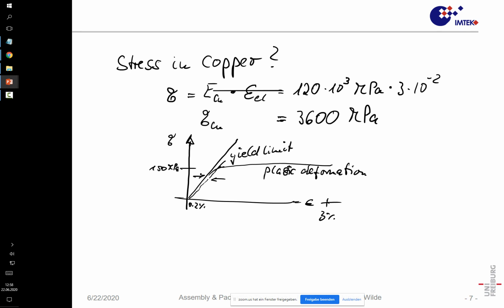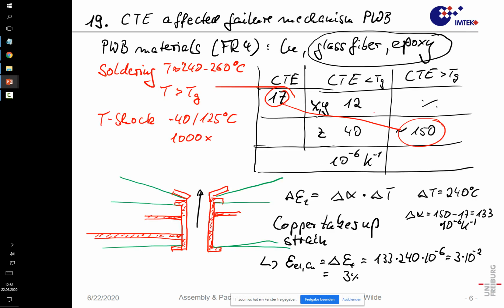So thicker printed wiring boards have fewer cycles to failure until we get either cracks here, or the deformation is so large we get some crack between this internal layer of the printed wiring board and the wire metallization.